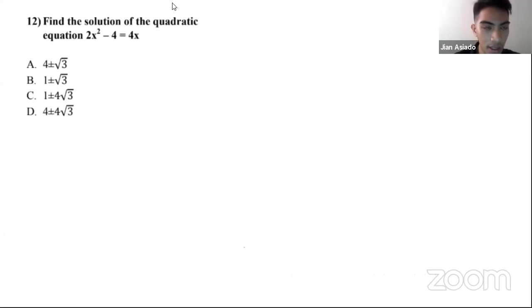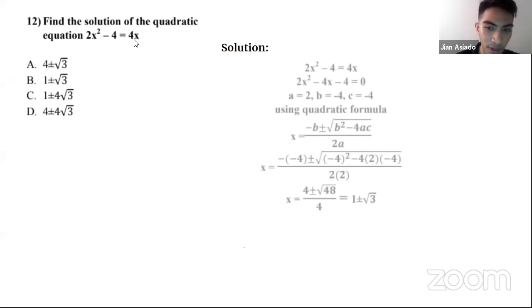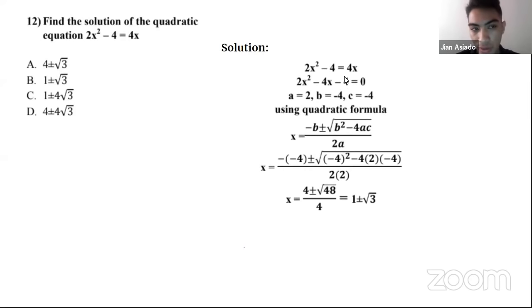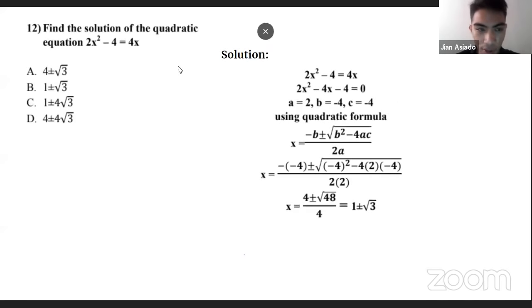And then 12, find the solution of the quadratic equation. Kung papansin natin, wala siyang common factor. So what do we do? We use a quadratic formula. I mean, it's not factorable pala by grouping, so gamitin natin ang quadratic formula.